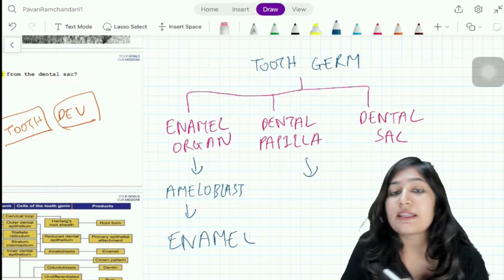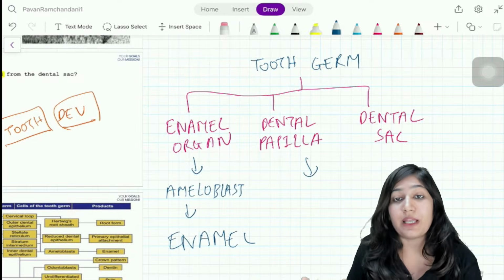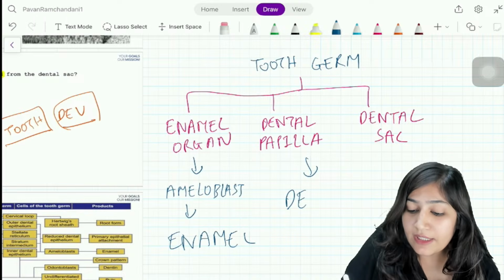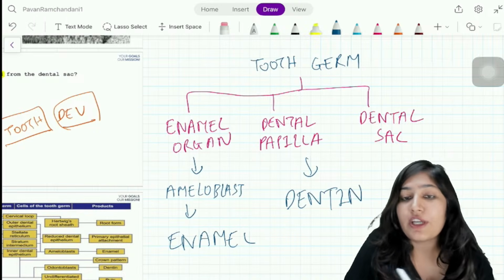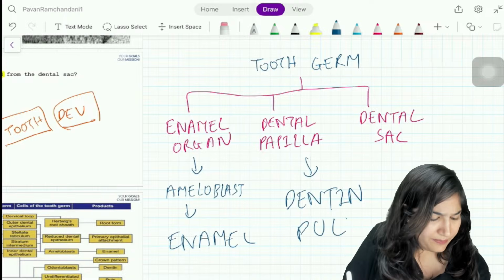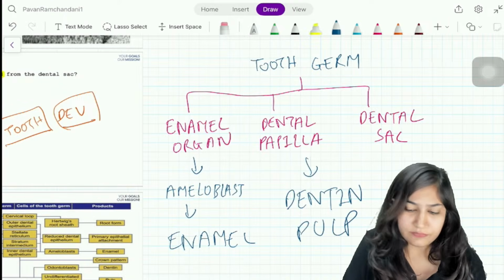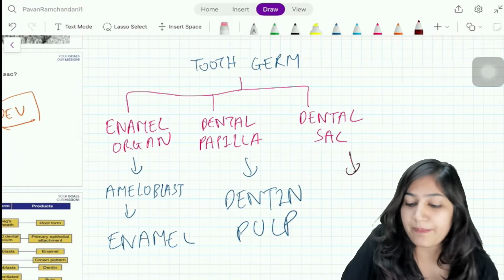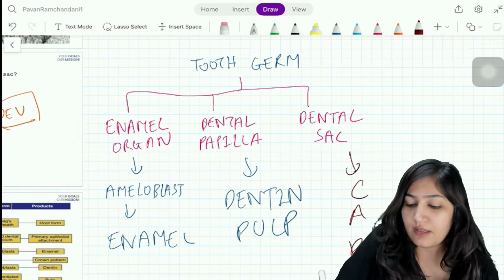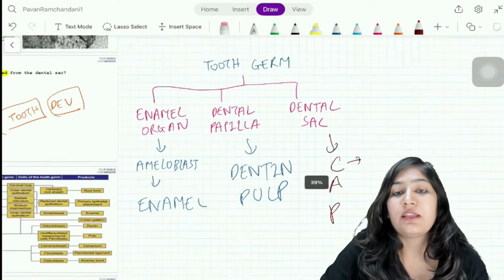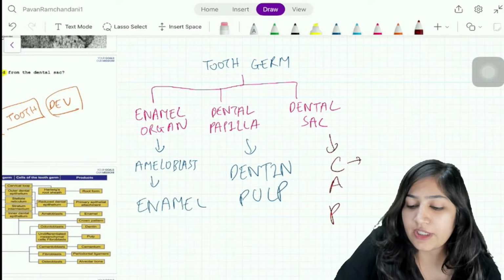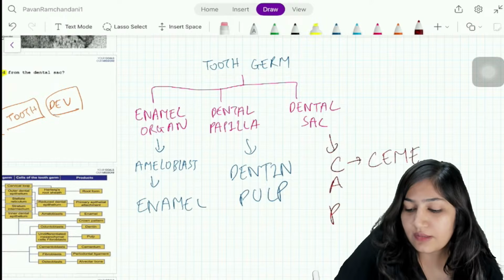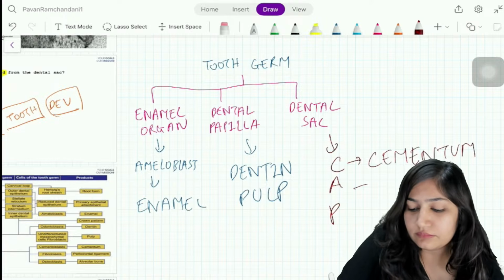Dental papilla is involved in the formation of dentin and pulp, DP. Remember DP for dental papilla, dentin and pulp. And coming to dental sac, CAP: cementum, alveolar bone, and periodontal ligament.